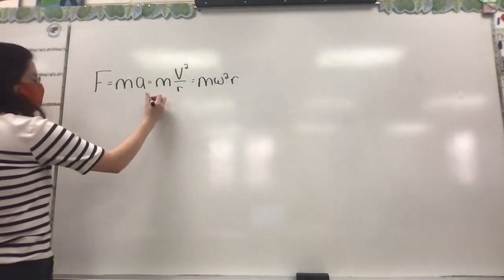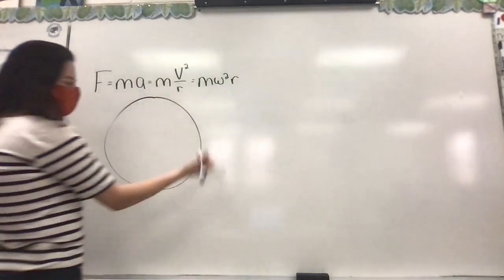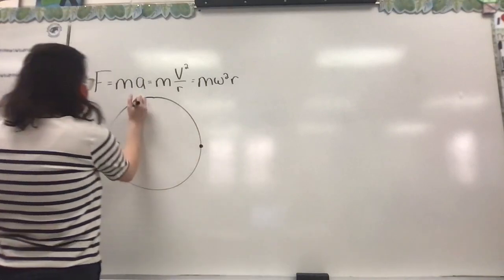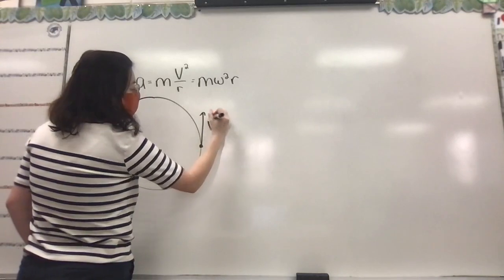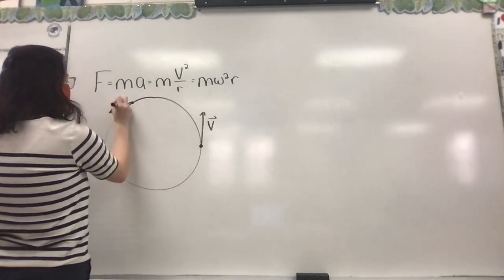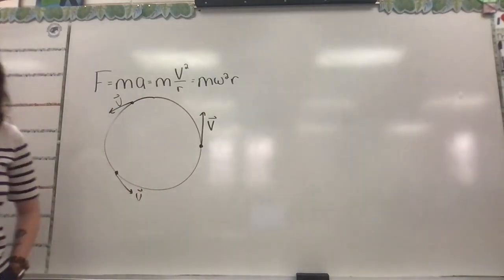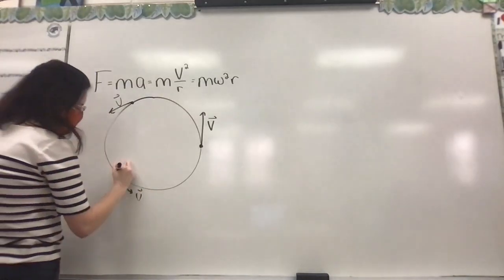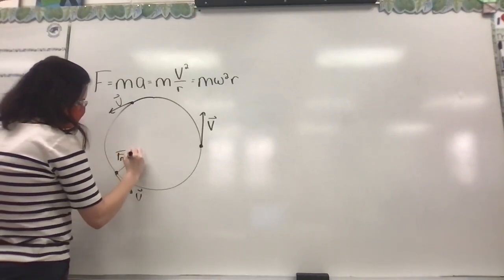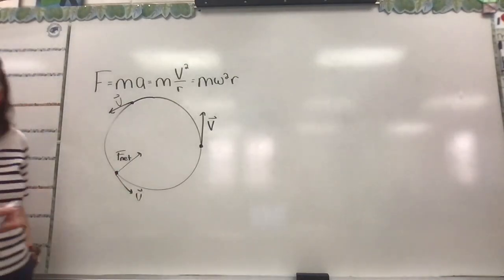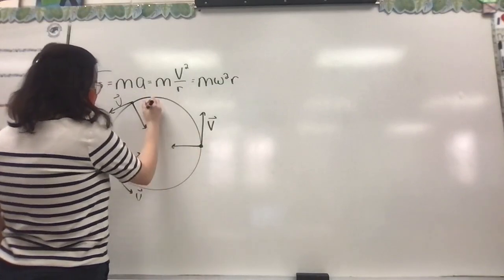So what that's going to look like, if we draw our pretty little circle, is that for every place our particle is at, there will of course be some sort of tangential velocity with a constant speed, and then F net is also going to be pointing towards the center. So at all points, F net will point towards the center.